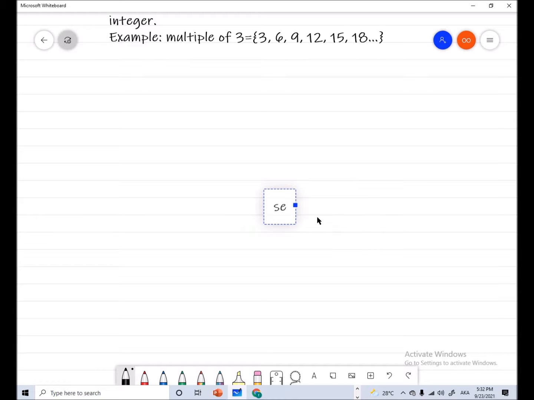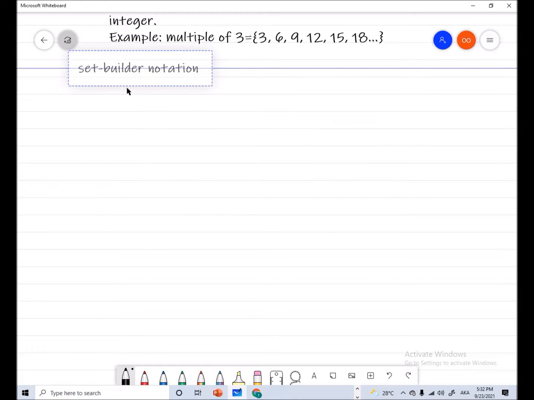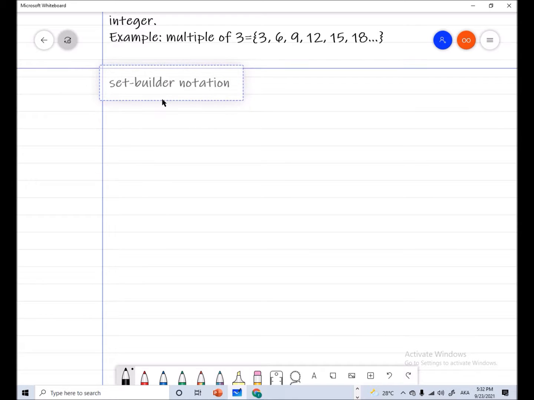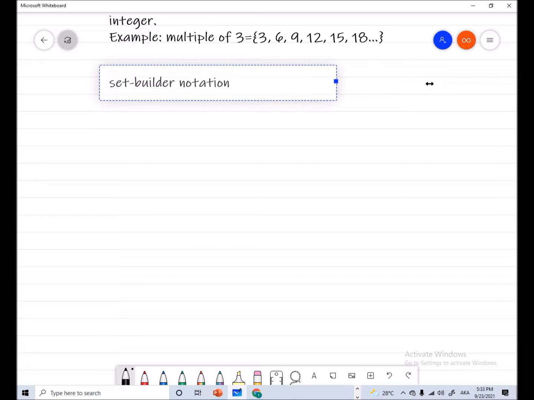Okay, so here we go. Today we are looking at set builder notation. Even though we have discussed this, we are using the definitions we did to know how to write, how to expand them in set builder notation.